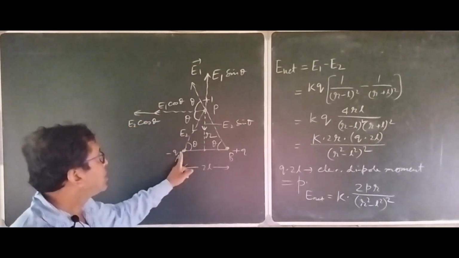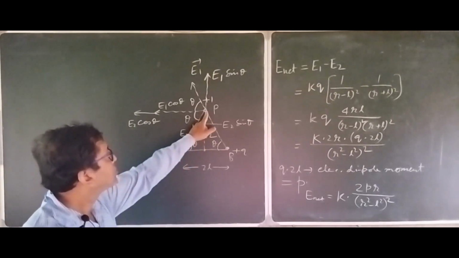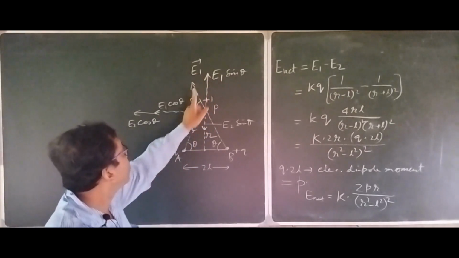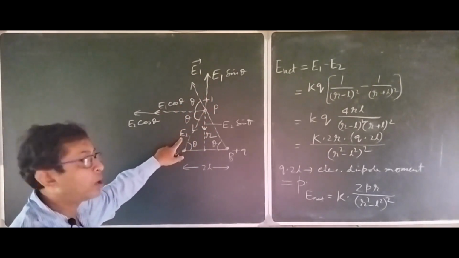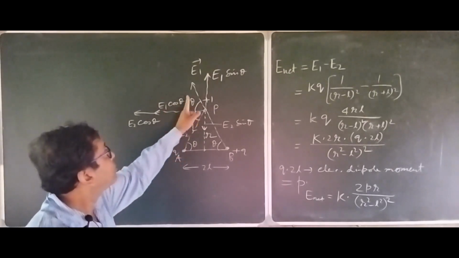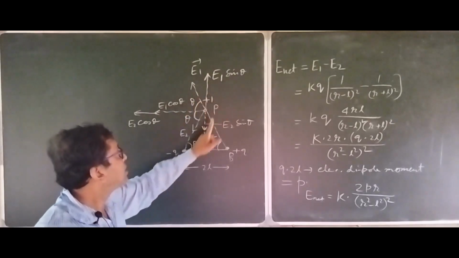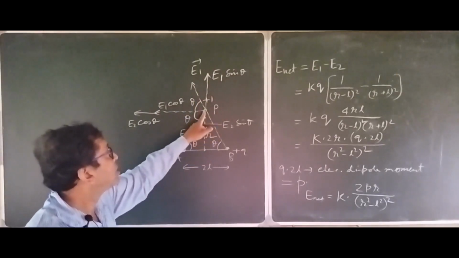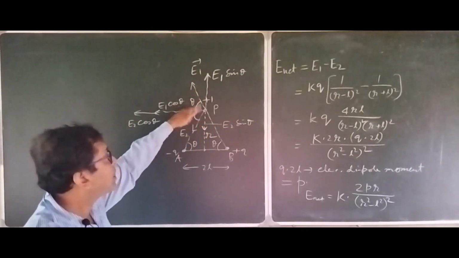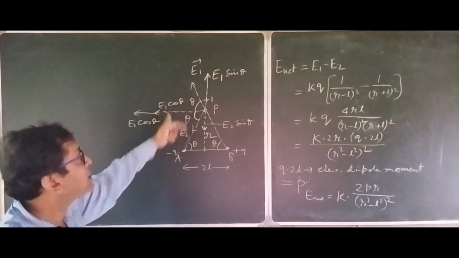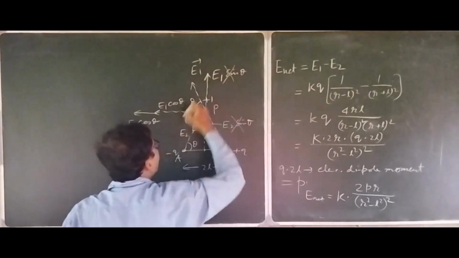Now these two charges are equal. These two distances are also equal. So these two forces E1 and E2 by magnitude are equal. So when we resolve these two forces into components, E1 sin theta and E2 sin theta are also equal, but these two forces act through the same point in opposite directions on the same line. So they definitely will cancel each other. So the existence of these two forces ultimately will not be there.